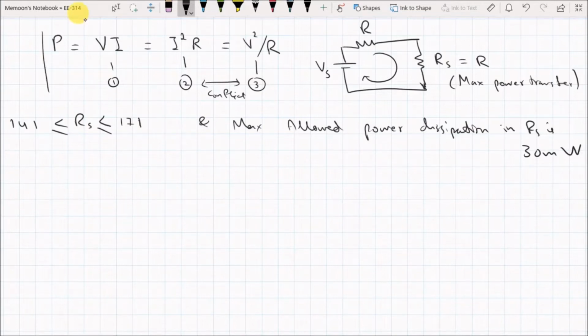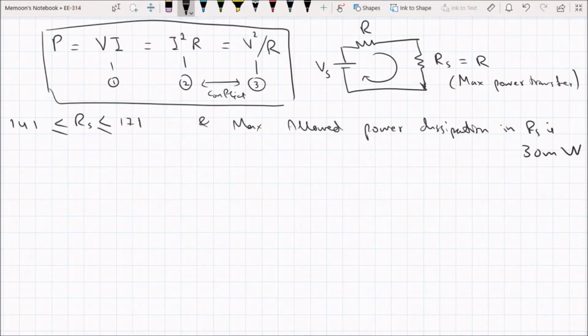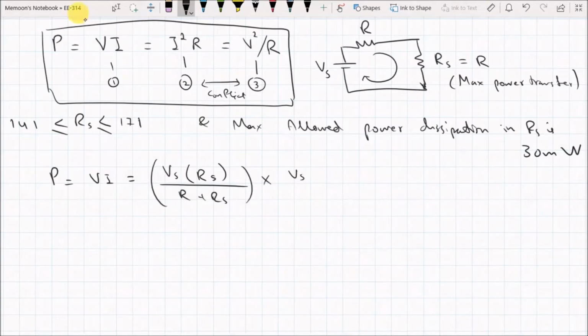Now using these three different relationships of power, we can say that P is equal to V into I, which is Vs into Rs over R plus Rs, into Vs over R plus Rs.